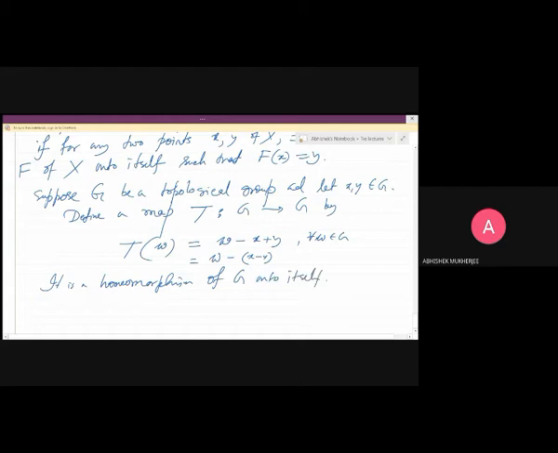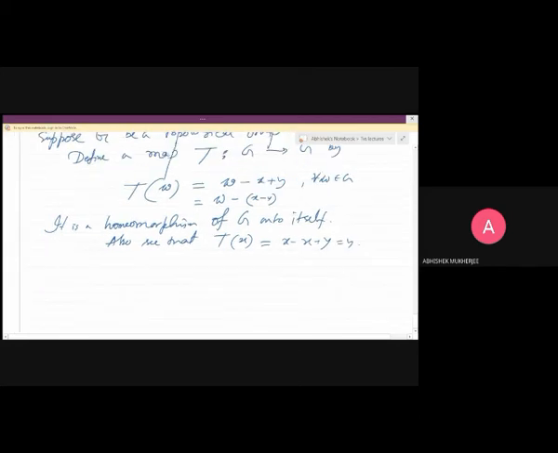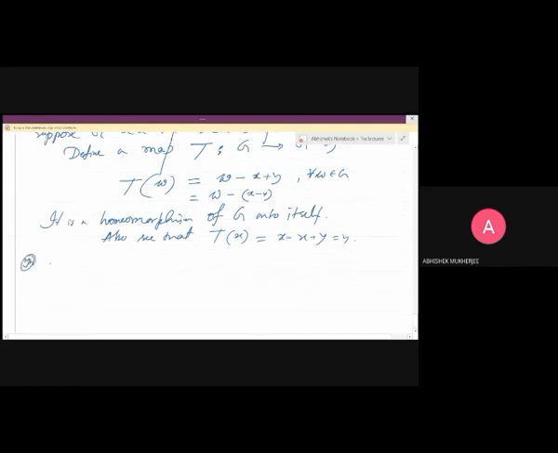Not only that, what is T(x)? That is x - x + y, so it is y. This proves the theorem: any topological group is homogeneous.